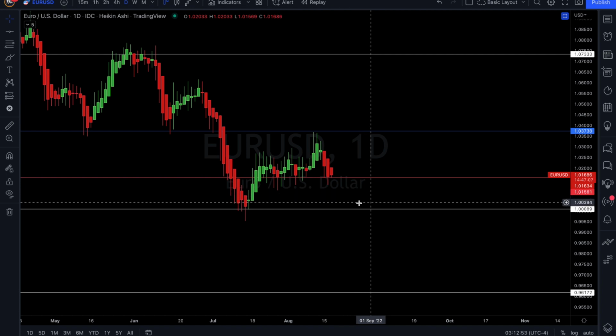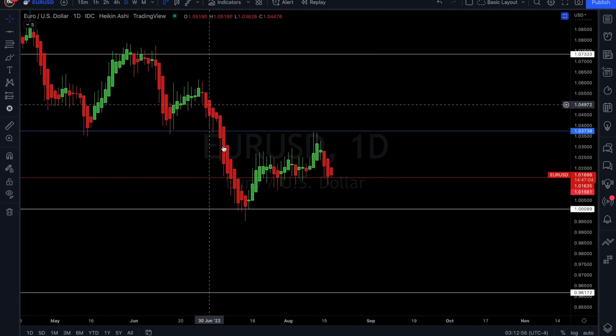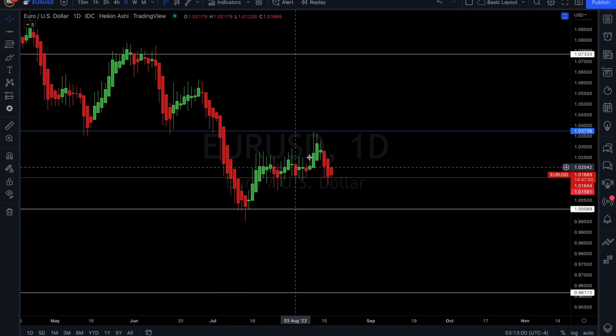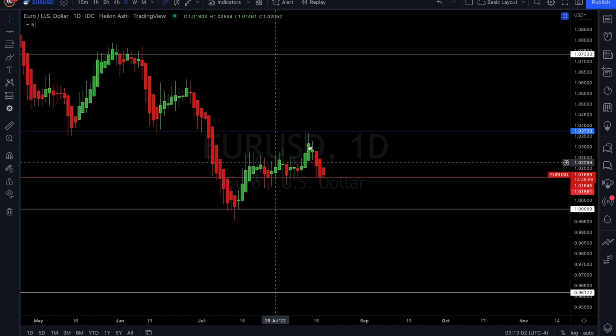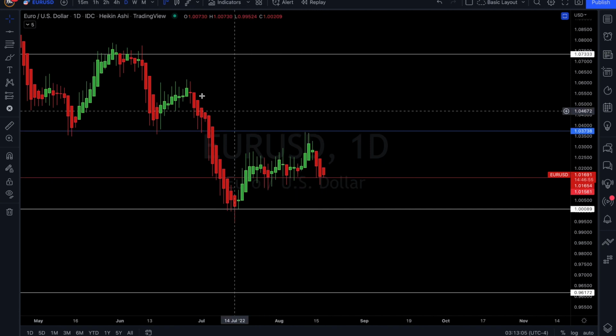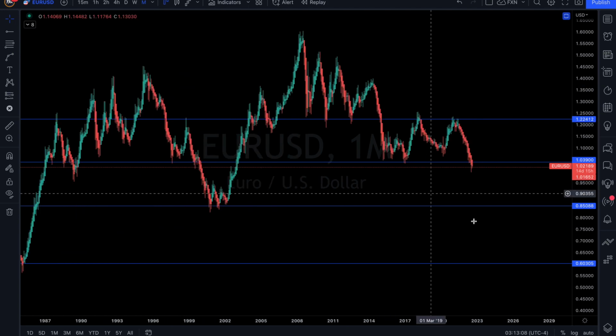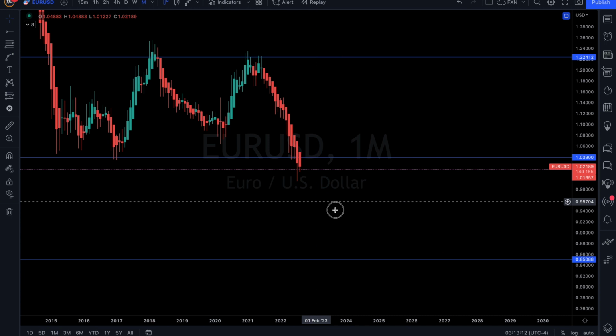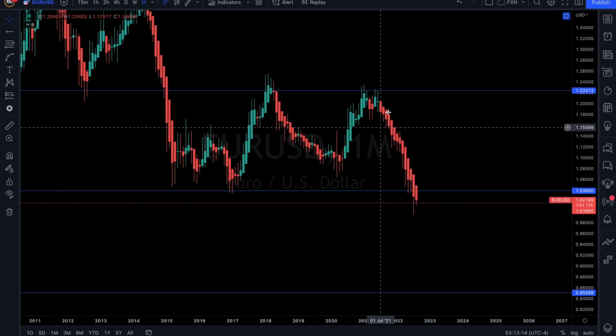As you can see, we had a huge sell-off, and then what happened? We had a retracement, right? A retracement back where? Back to the monthly. If we go to the monthly chart here, is that retracement visible at all? Do you see that retracement here on the monthly?